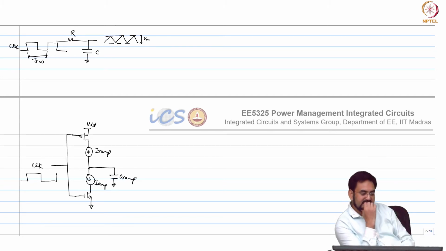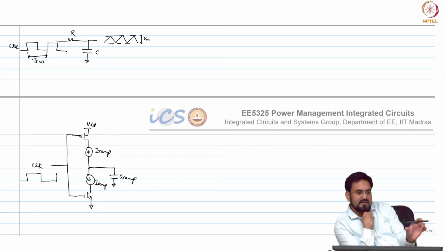But is there any problem? I mean, will it happen the same? KCL? What KCL? If we switch off, for example, we switch off the NMOS, then current will increase the voltage. No, but you are charging for a limited period, huh? Yeah, but if one of them gets switched off, then the current that is going into it or getting withdrawn from it, where will it go? It's going to the capacitor, huh?